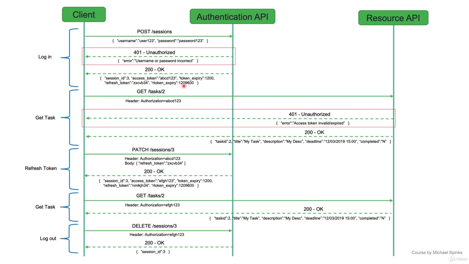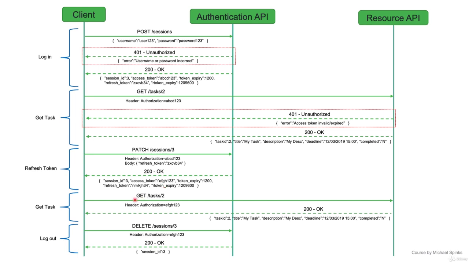Now, if the refresh token has expired as well, so say you haven't used the app within 30 days, then when you open the app, it should log you out and go back to the login screen for you to log in again. You've probably noticed that on some websites or apps that you use. If you haven't used them for a while, they'll automatically log you out.